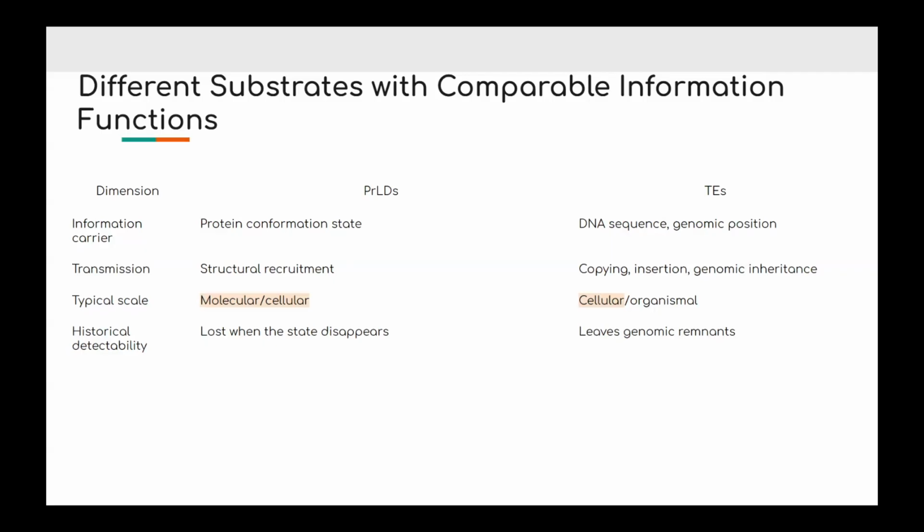Protein states can sometimes influence other proteins or persist through assemblies, while TEs spread by copying, inserting, and being inherited as DNA. So even though the physical carriers are completely different, both show that biologically important information can exist in more than one type of molecular form.